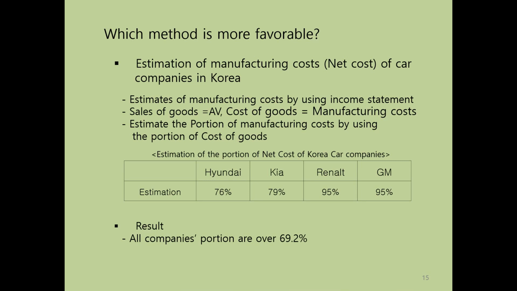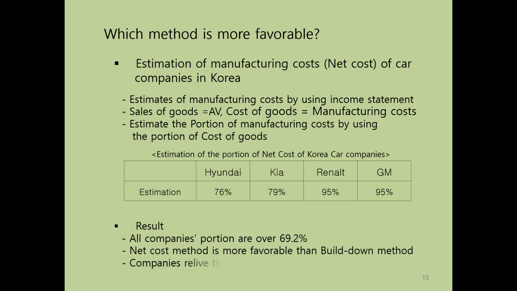In other words, all companies belong to the area of the previous triangle where net cost is more favorable. That means that all of the 4 companies are able to relieve the burden of using only originating materials. Considering the common sense that competition in the car industry is very high, it is reasonable that the portion of manufacturing cost is more than 70%.